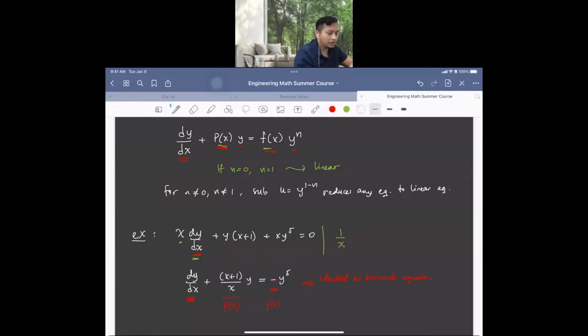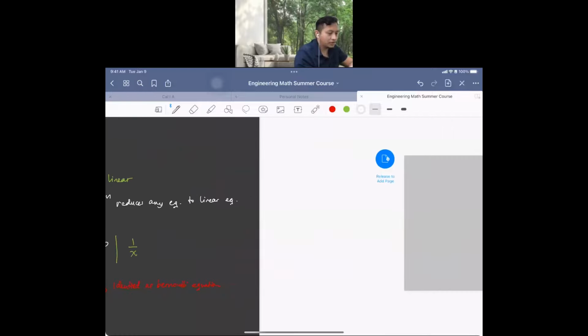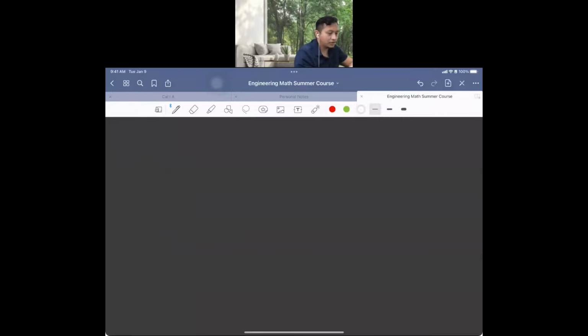Okay, now we can substitute. Let me write again: dy over dx plus (x plus 1) over x times y equals negative y to the power of 5. So p of x is (x plus 1) over x, and f of x is negative 1.